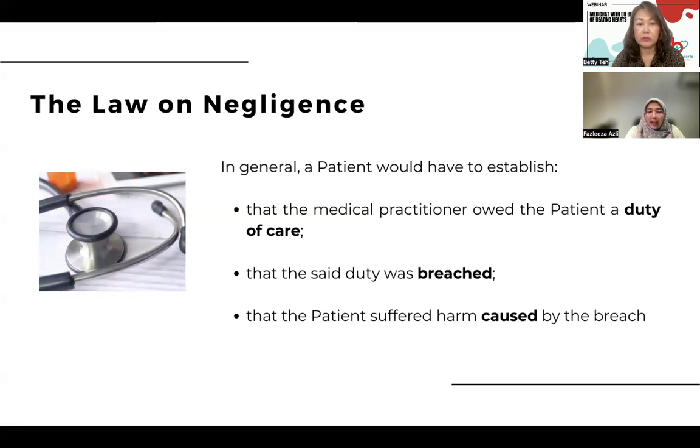A duty of care is a legal obligation under the law. It is what is reasonable that needs to be done on the part of the consultant to make sure that proper care and management has been accorded to the patient. In the event that that duty is breached and it causes injury to the patient, that is where, under the law, the patient is entitled to institute a legal action for medical negligence against a particular doctor.